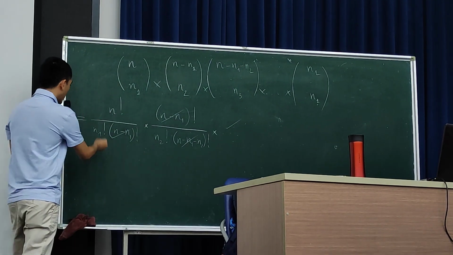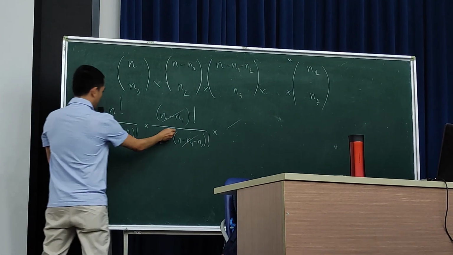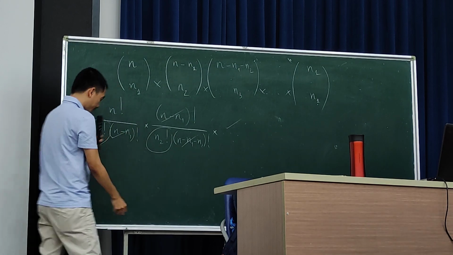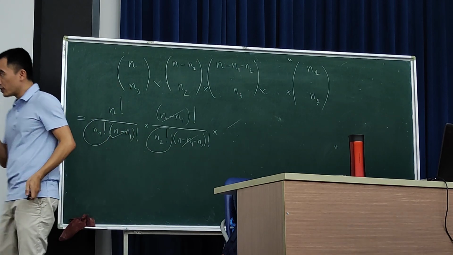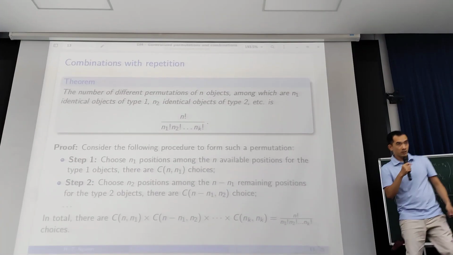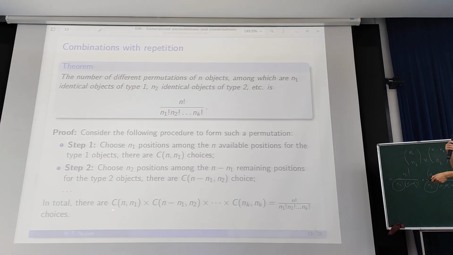And in the end, only these remain. Okay? So if you write this product here, of course on the slide I give you a simplified version, and if you want to convince yourself of the correctness of the formula, then you have to develop this and simplify in order to get the final result.